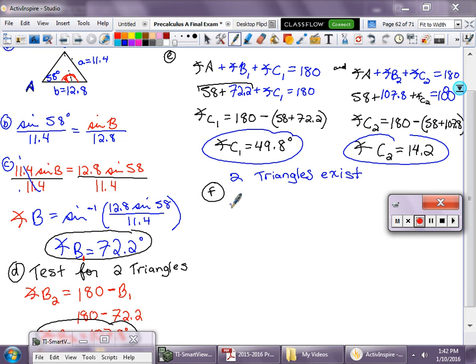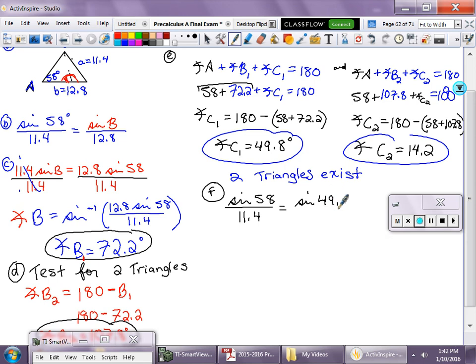And we're going to set up our proportion. Sine of 58, go back to black, it's easier. Sine of 58 over 11.4 is going to equal the sine of our angle C over, and we'll just call it C sub 1. We'll put the 1 and 2 after. It'll be less confusing. Cross multiply to solve.